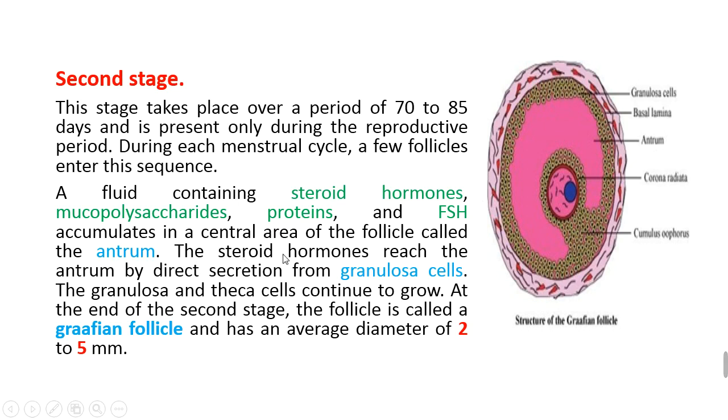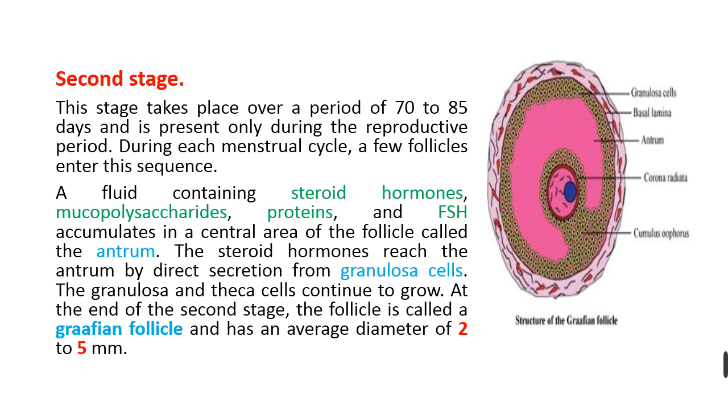The steroid hormones reach the antrum by direct secretion from granulosa cells, which are these lines of cells. These granulosa cells will be responsible for the production of steroid hormones. The granulosa and the theca cells continue to grow.